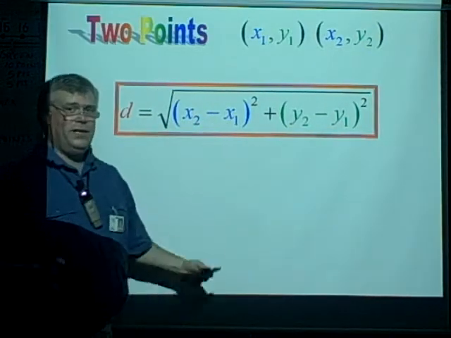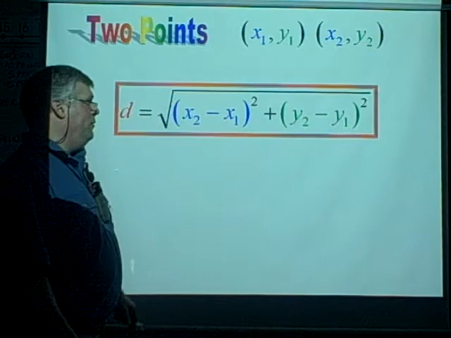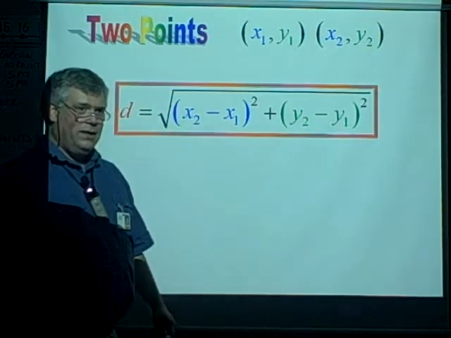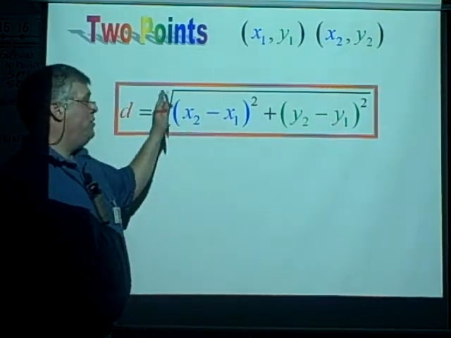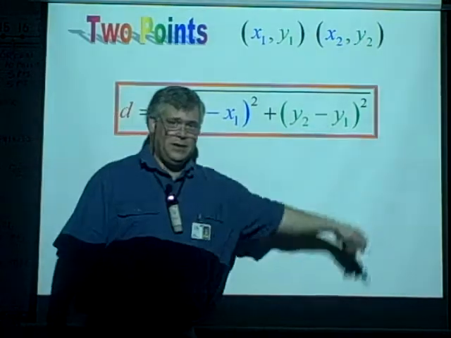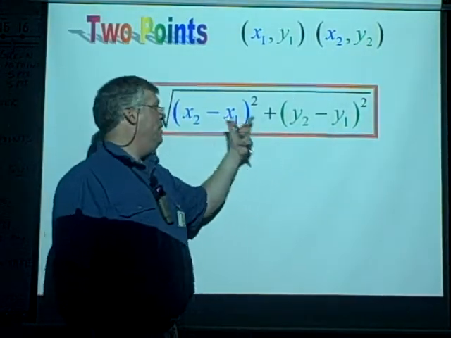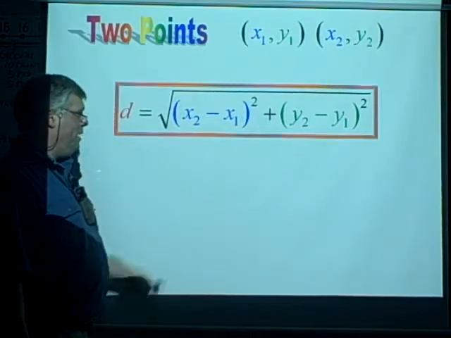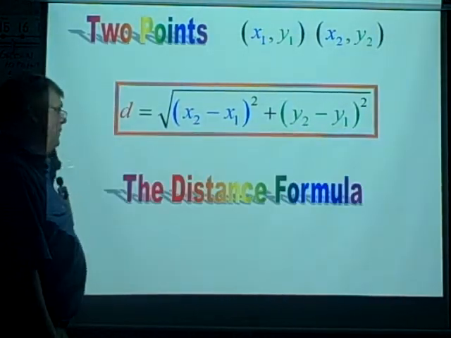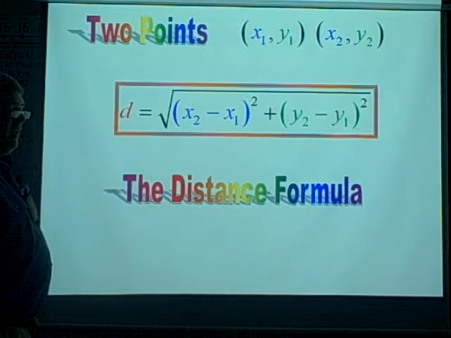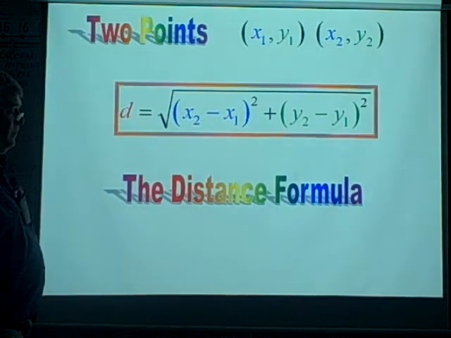When you square it, it's going to give you the same value. So these little subscripts don't really mean anything at all. You can just subtract the 2 x values, subtract the 2 y values, square both results, add them together, square root, and you've got your distance. And this is what's known as the distance formula.